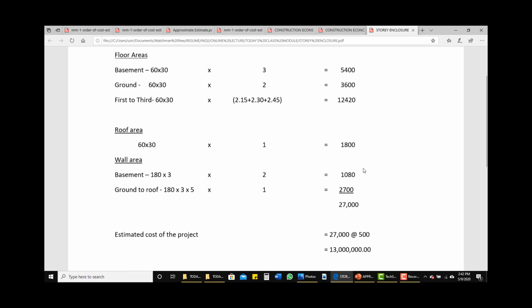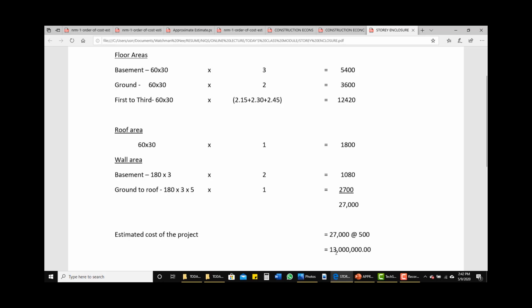Therefore, our estimated cost of the project is the Storey Enclosure unit, which is 27,000 at 500, whether it's in naira or dollar or whatsoever. So you multiply it together to give us 13 million. So that's the estimated cost of the project using the Storey Enclosure method.